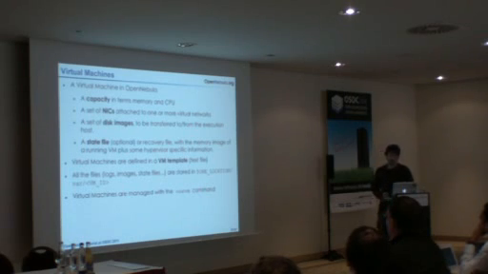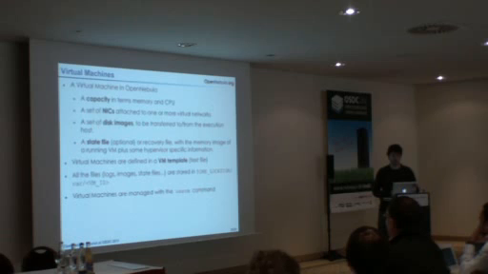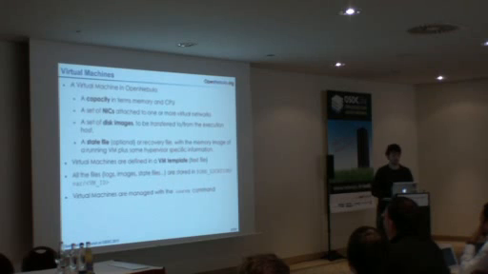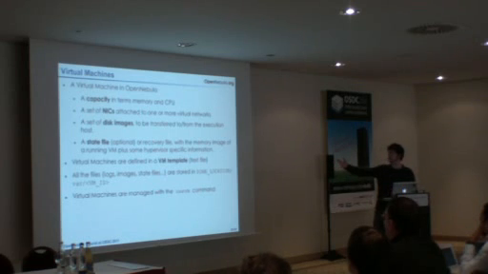Okay, a virtual machine. It's a capacity in terms of memory and CPU, a set of network interfaces, a set of disk images, and also it can have a state file, which is basically a memory dump of the state of the virtual machine when you choose to save and stop it. All the log files, images, and state files are stored in one location, var/VM_ID.